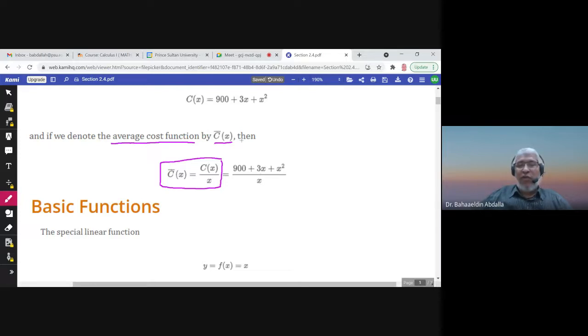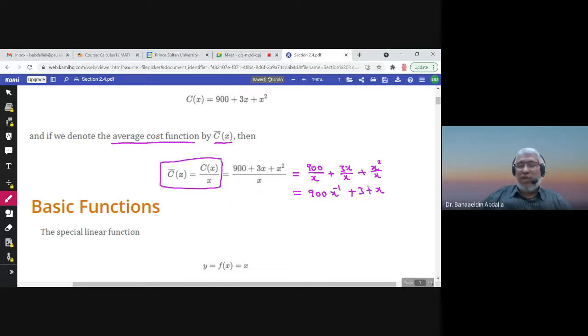Now, if you divide the cost function by x, you can distribute the numerator over the denominator. So you can write it 900 over x plus 3x over x plus x squared over x. And then it is 900 over x, or if you want to write it 900 times x to the power -1, and x cancels with x, and x squared over x is x if you subtract the power.